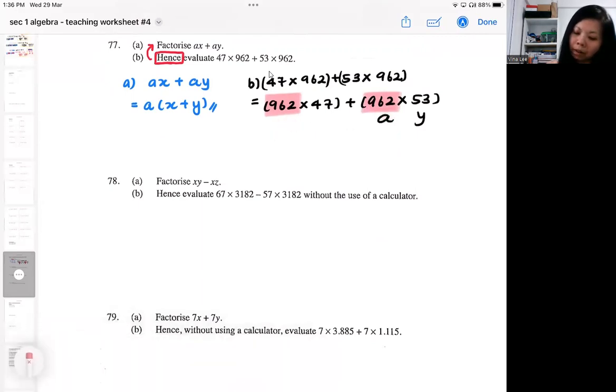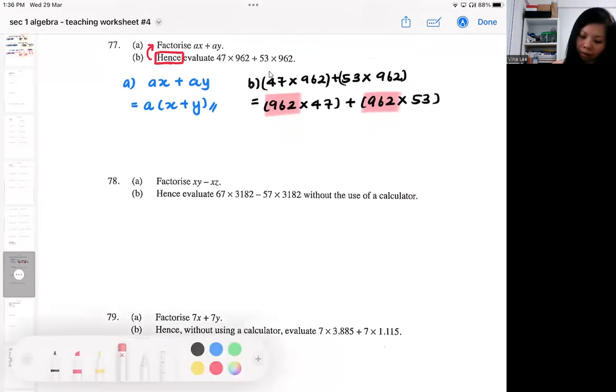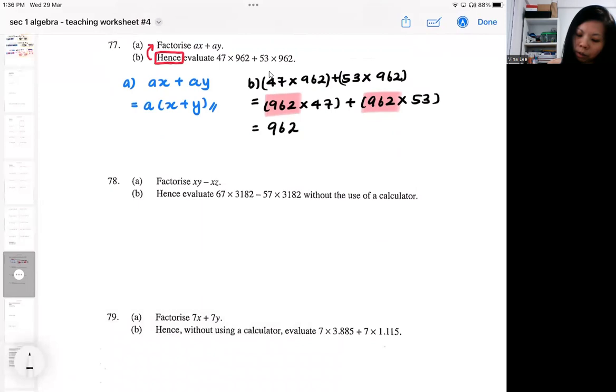You must show the same method. You take out 962 and you are left with 47 plus 53, which gives you 100.